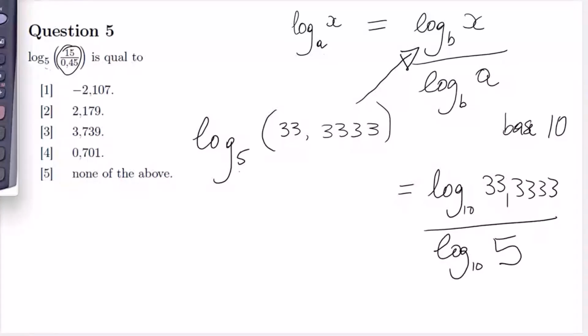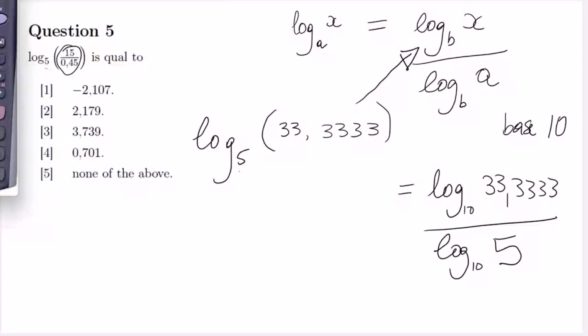I can just take my calculator and say here in my numerator I've got log of 33 point, to the fourth decimal place, that's fine. And then in my denominator I've got log base 5. I've got log 5, it's log base 10 of 5.